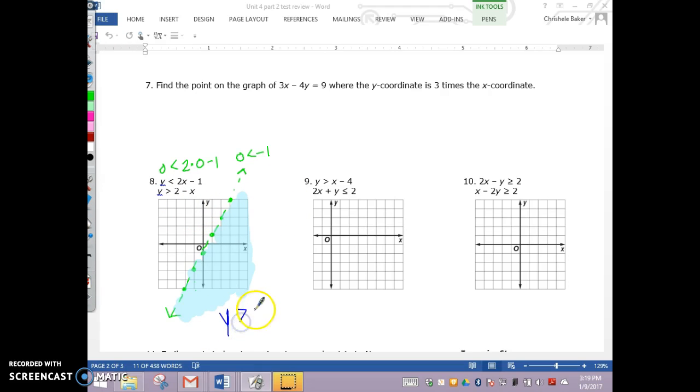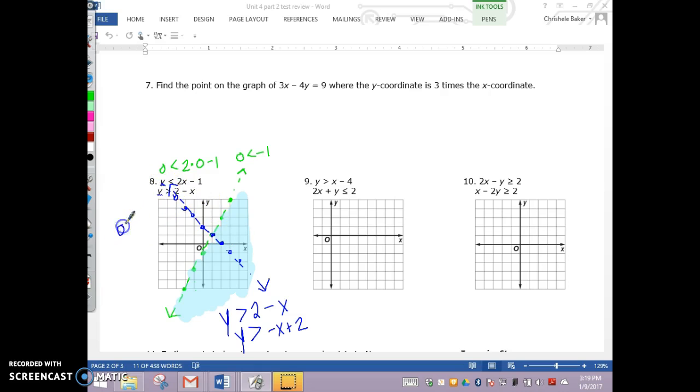Okay, now this one is kind of backwards. y is greater than 2 minus x is the same thing as y is greater than negative x plus 2. So I'm going down 1, over 1, down 1, over 1. And also, this gets dotted. It's greater. I think I'll probably be shading up, but let's check.